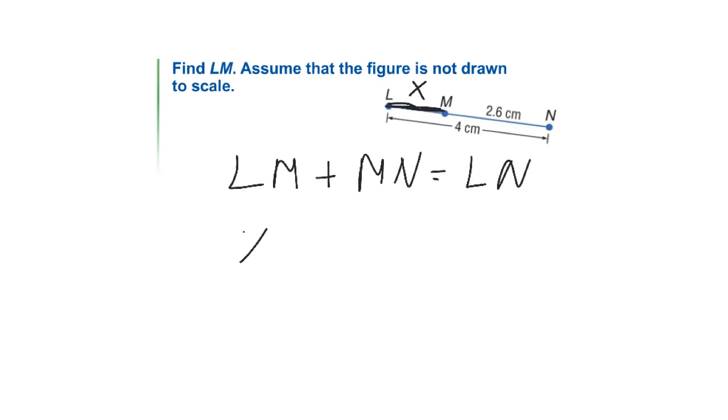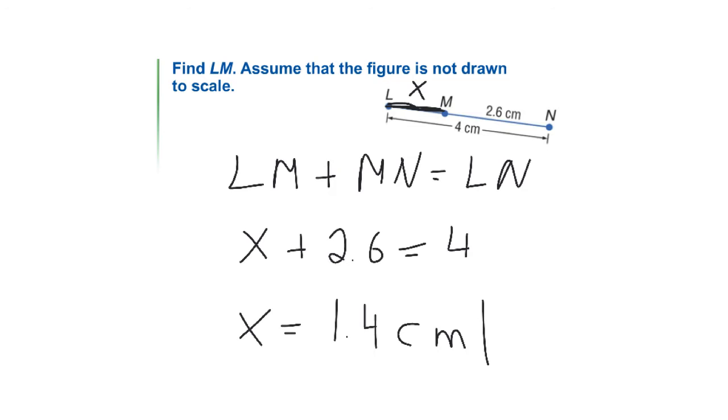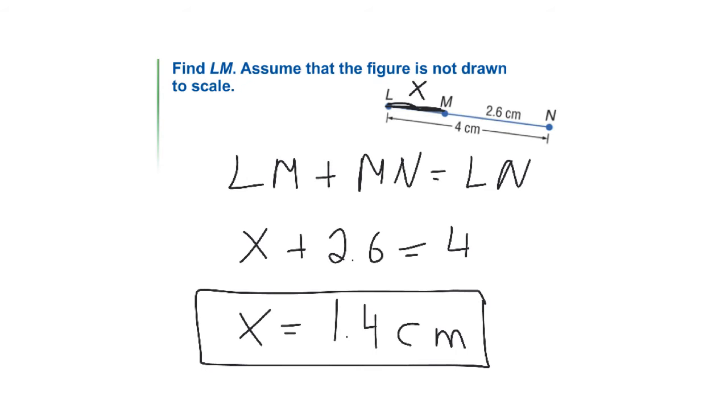So this will be x plus the length of segment MN, which is 2.6 centimeters, 2 6/10, and the length of the entire segment LN is equal to 4. Now you are probably aware that to get x by itself, move 2.6 to the other side. So in other words, x is equal to 1 4/10. And please do not forget to include units, and the units are centimeters.